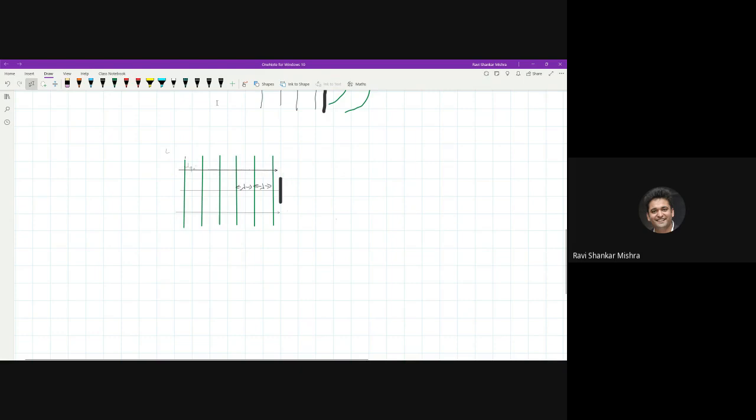Where the gap is there, except that area, you will have the same scenario. Let me draw it for you. So you will have it like this.